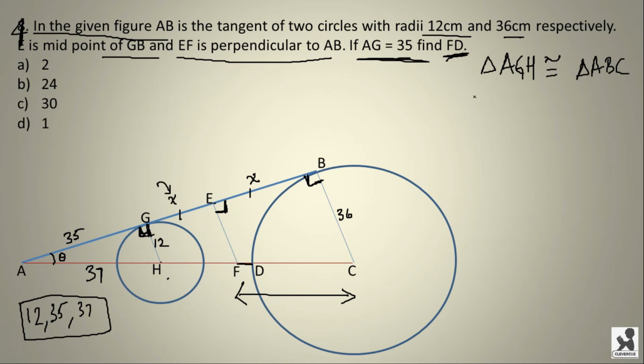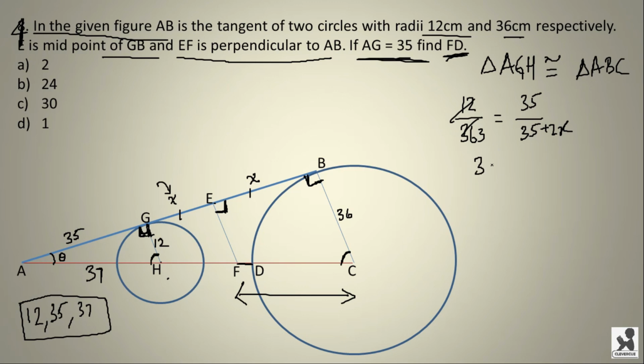Now the side opposite to theta is 12 in the smaller triangle and in the triangle ABC it is 36. This will be equal to the ratio of the sides opposite to the equal angles GHA and BCA, so it is 35 divided by 35 plus 2x. Now this goes 3 times.